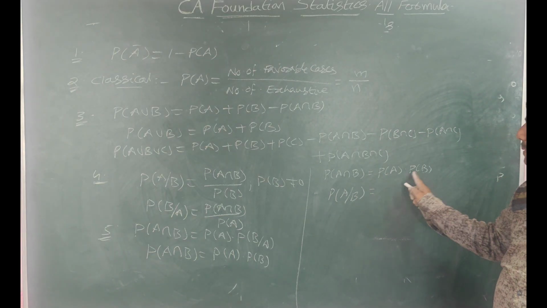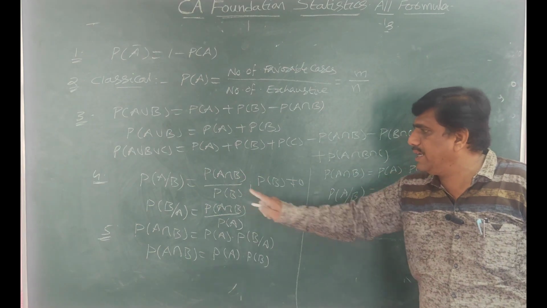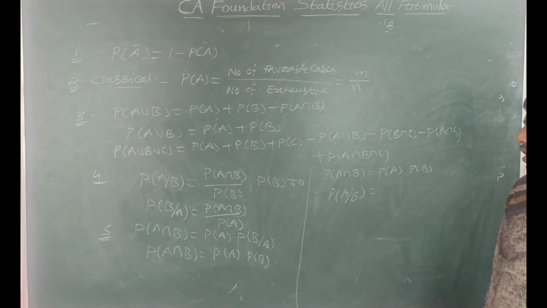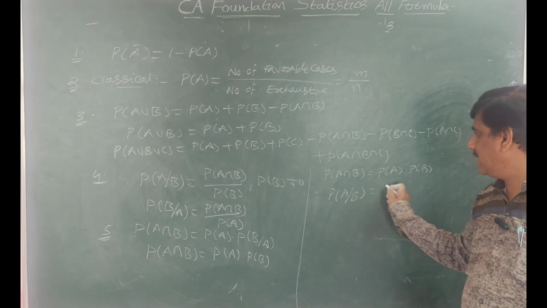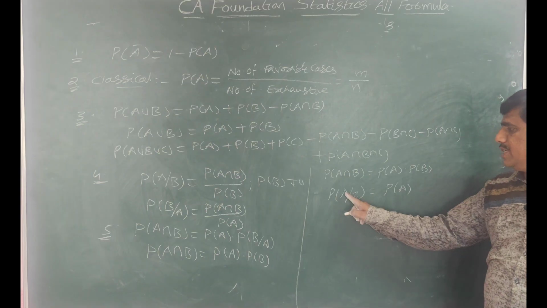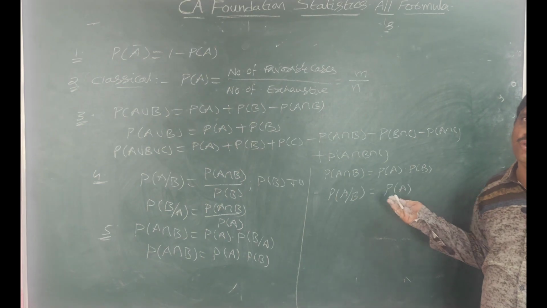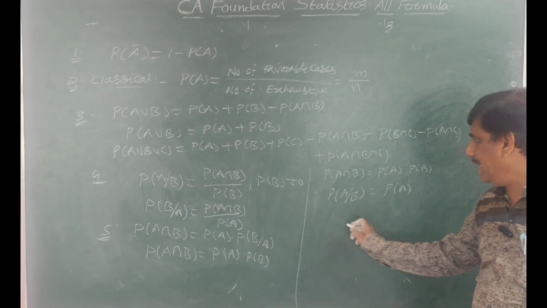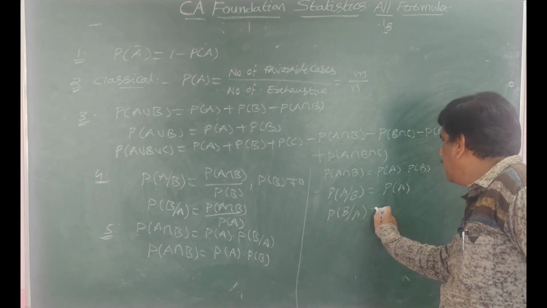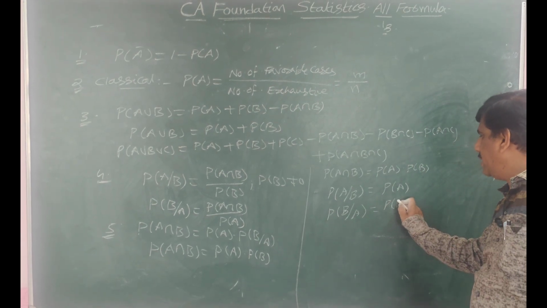If A and B are independent, P of A given B is P of A intersection B by P of B, where P of A intersection B is P of A into P of B. P of B cancels. That means P of A independent means A is not depending on B. So individual probability will come. Similarly, if A and B are independent, P of B given A is equal to P of B.